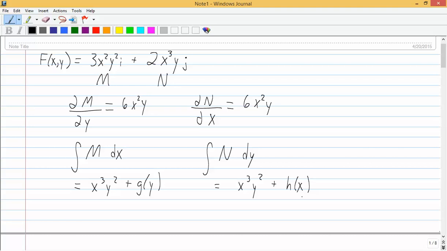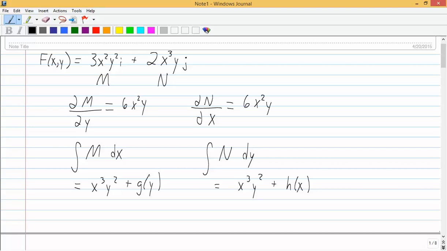So now we compare the two. If there would have been a function, say, of x in this here, some extra function, then that's what h of x would have been. If there would have been some extra term over here in terms of y, that's what g of y would have been. And then we would have just put those with our final answer.